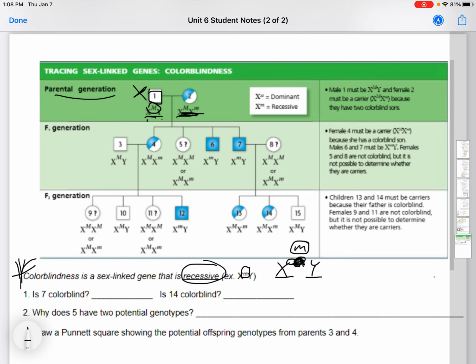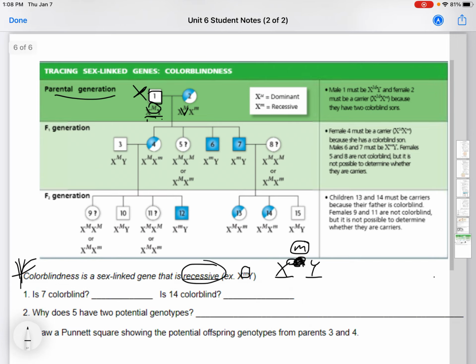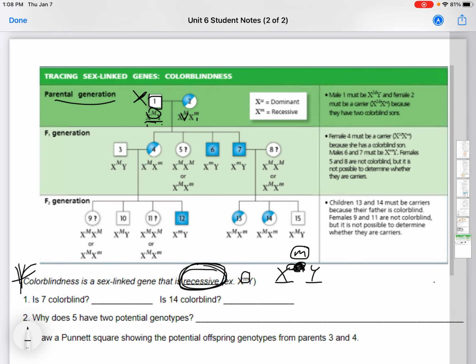Mom here, we know it's a circle, and we also know that it's a mom because it has XX down there. And the superscripts, those smaller letters up top, show us that she has one dominant and one recessive, meaning that she does not have it because it's recessive. She does not have color blindness, but she carries the potential for it. She's a carrier, right? That's what that means. We're just needing to understand how to read these pedigrees.